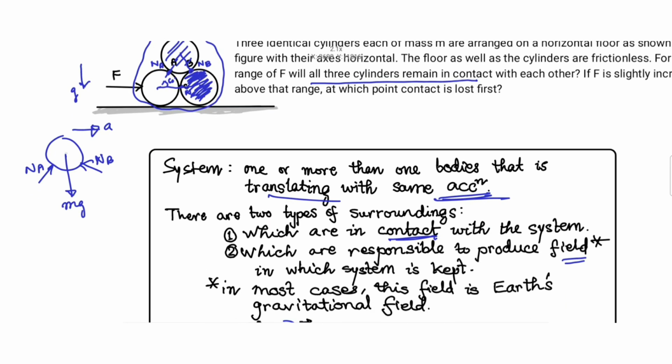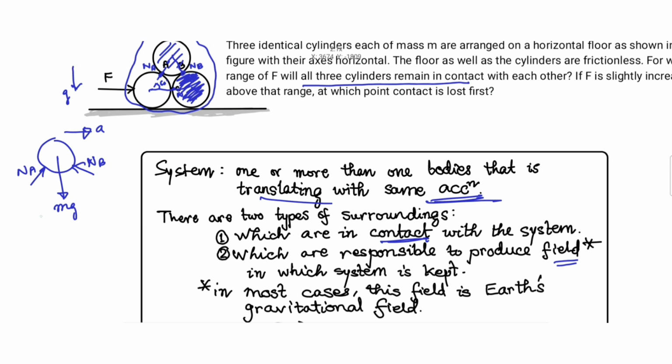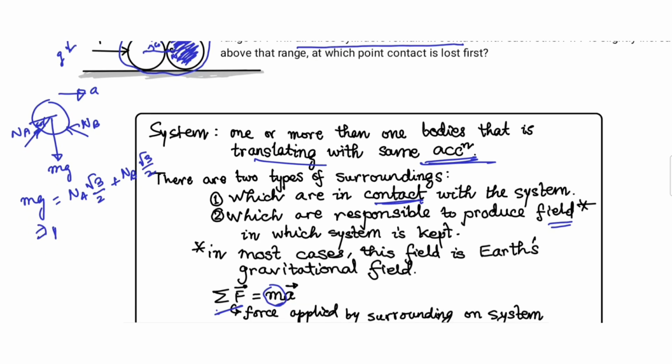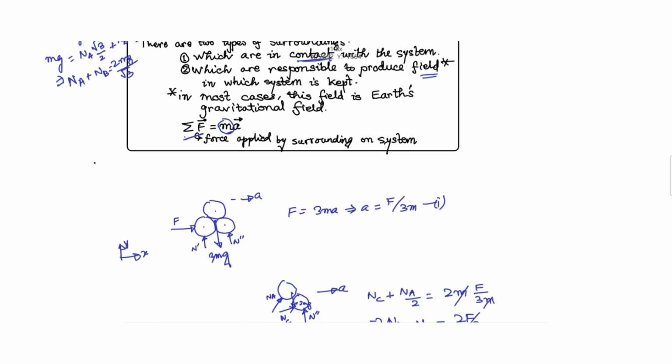And if I balance the forces along the y-axis, I will get mg equal to NA sin 60 degree, root 3 by 2, plus NB root 3 by 2, as this angle is 60 degree. So I get NA plus NB equal to 2 mg divided by root 3.